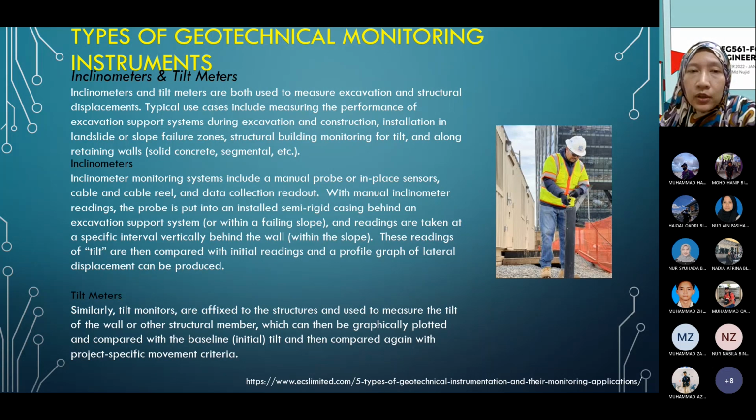So when you do slope monitoring, for example, or embankment construction, the inclinometer is a very common tool or equipment that can be installed on site. So the important thing is that we want to measure or get the displacement data.